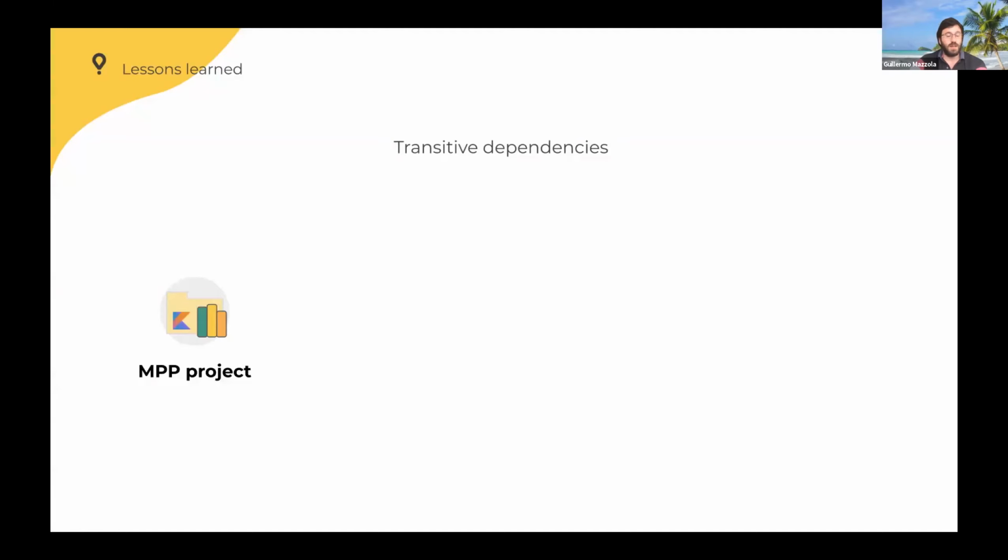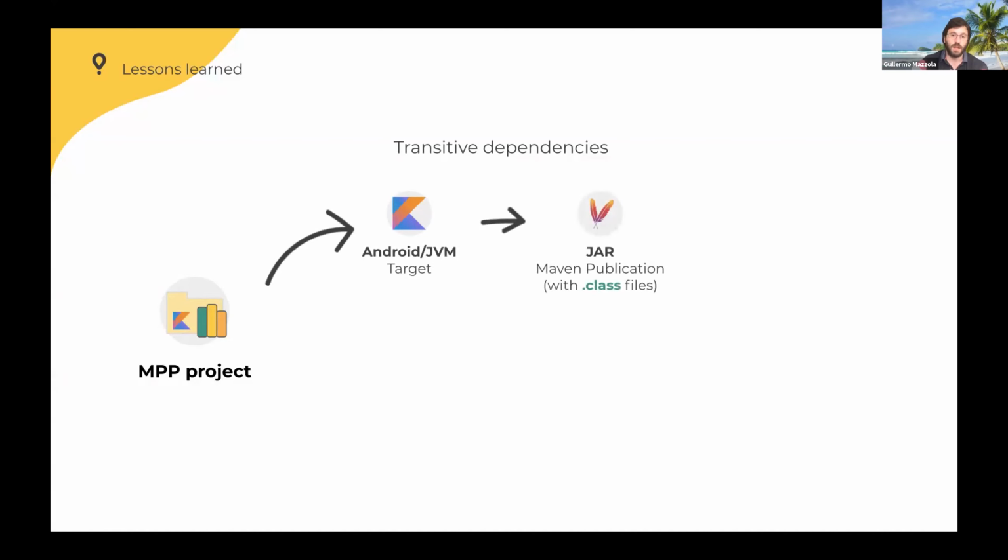As I said before, we have a multi-platform project. This is what is happening in a regular multi-platform project. If you declare an Android target, it will create a Maven publication for that target.